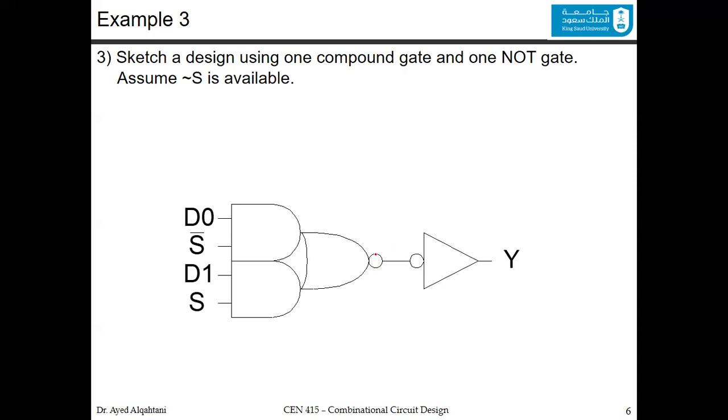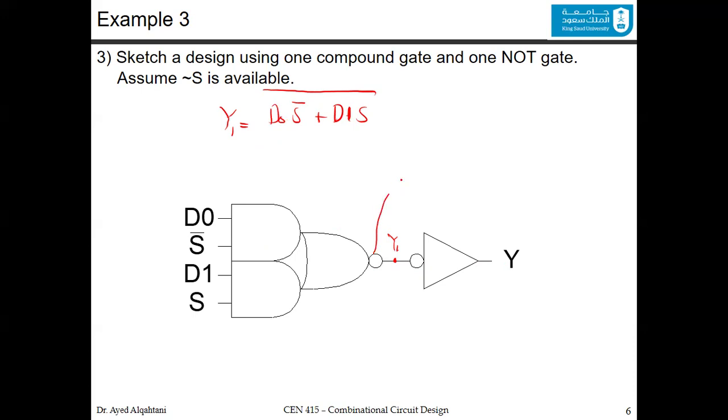Notice that this bubble here makes the function, if we say that the function over here is y1, and after the inverter becomes y, so y1 is actually going to equal D0 ANDed with S bar, or D1 ANDed with S, all bar.